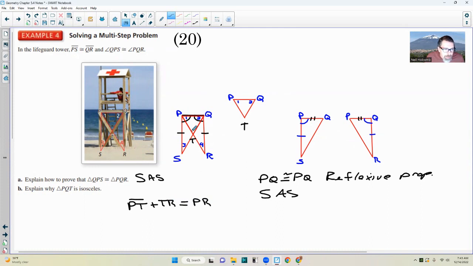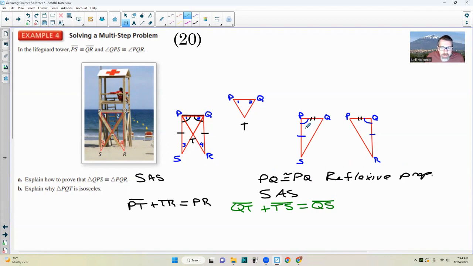Okay, so PT is here, TR is here, and that makes up the entire PR. And then going the other side, I can say, let me do it in green, QT, which is from here to here, plus segment TS is equal to QS. All right, QT plus TS equals QS.